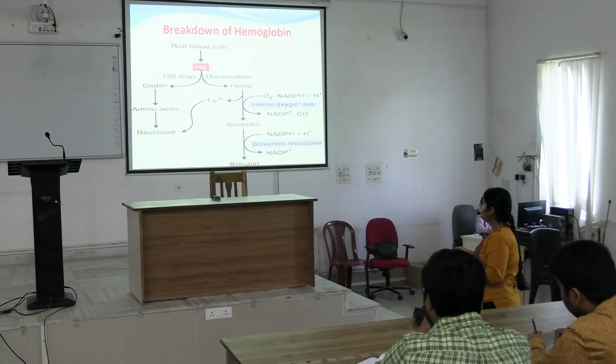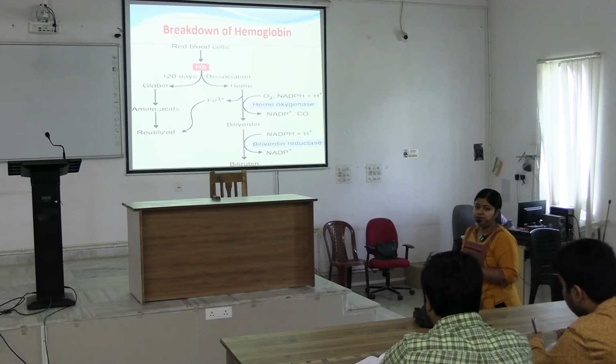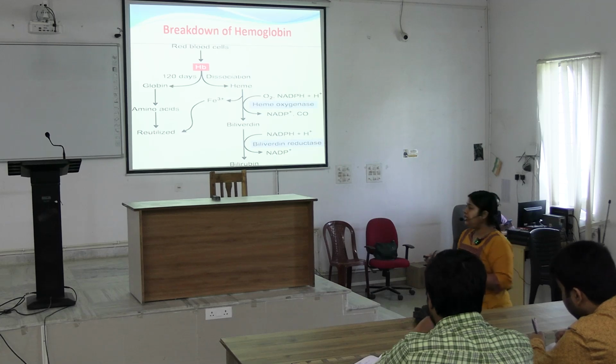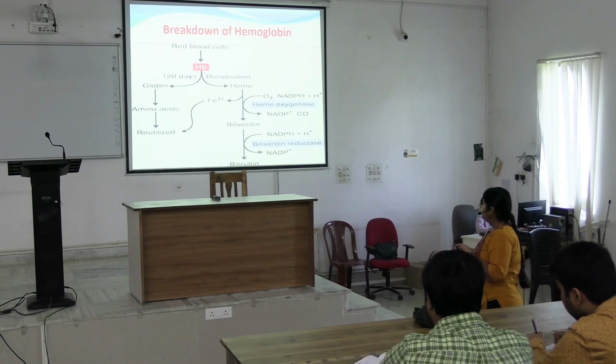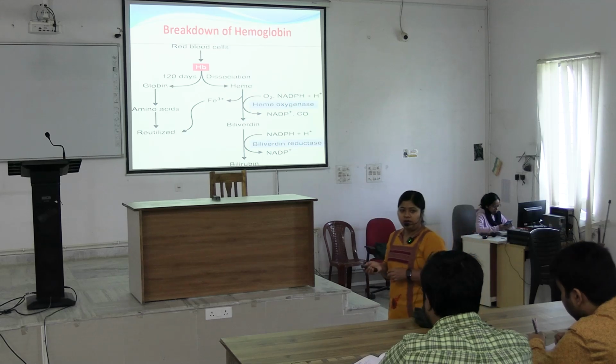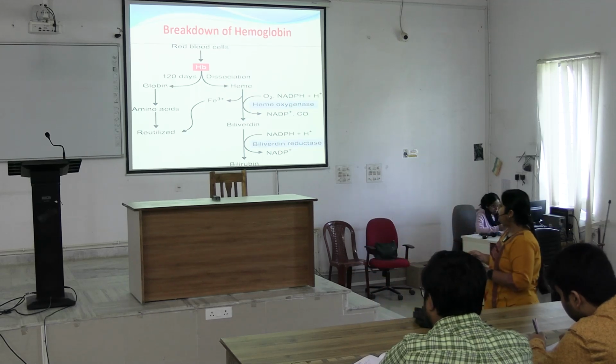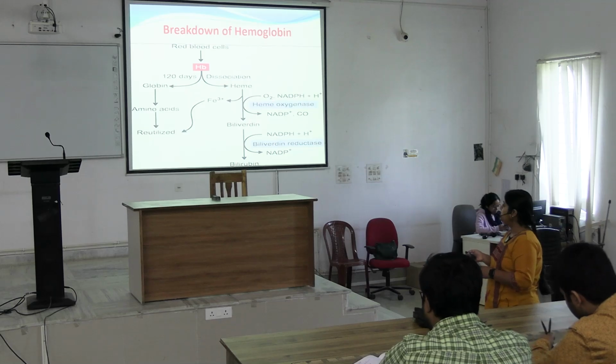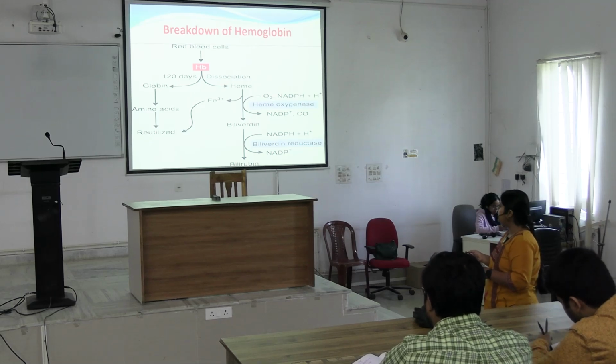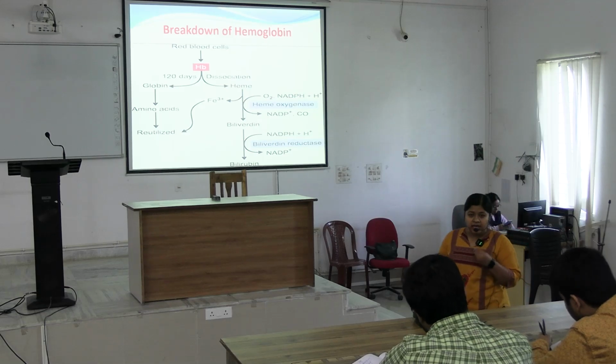This also comes as an important MCQ question: where is carbon monoxide produced in our body? It is when the heme is broken down to bilirubin, in the first step where the heme oxygenase enzyme acts, that carbon monoxide is produced endogenously.